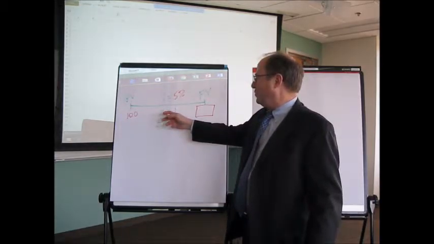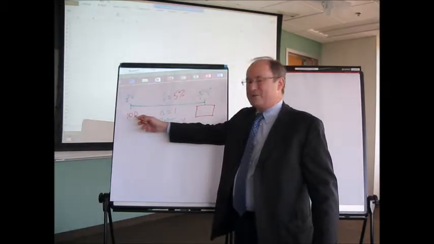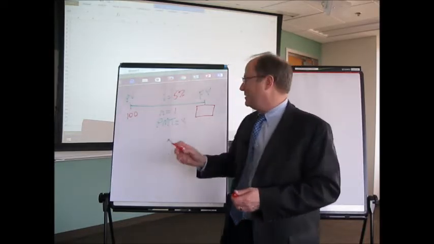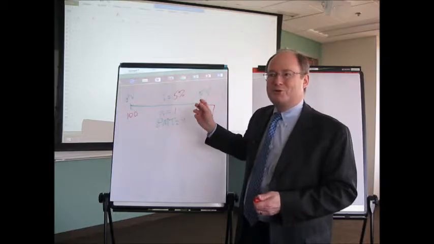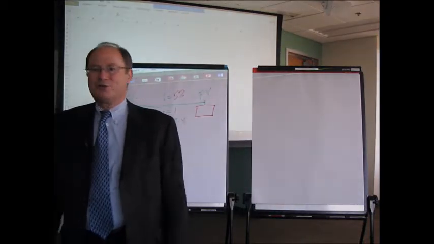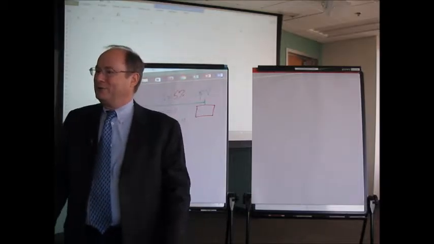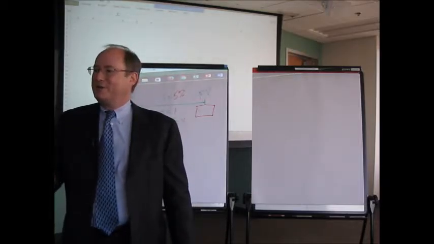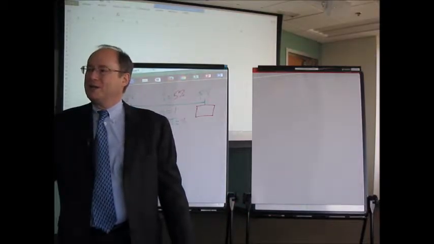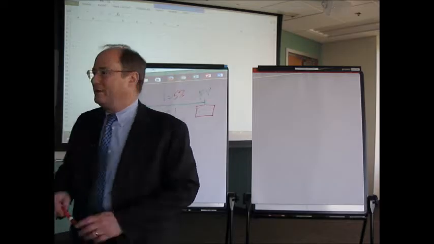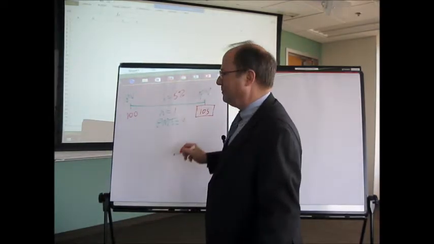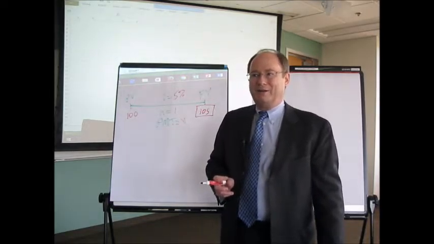So the term is 1 year, the present value is $100, and the interest rate is 5%. I'm solving for the future value. Well, I don't need Excel to show me this. All that I have to do is say, what's 5% of $100? Well, that's $5. I add $5 to $100. In 1 year's time, I know intuitively this is going to be worth $105.